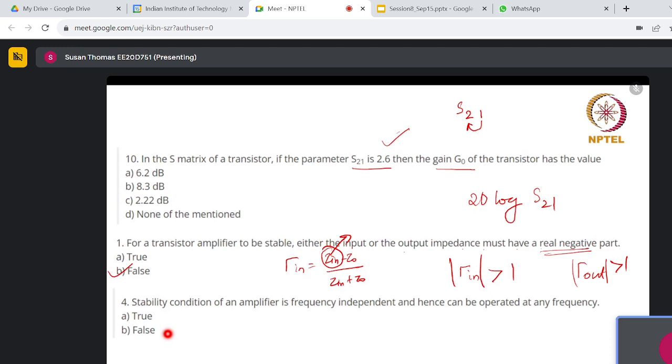So let us first look at the two statements in this single statement. Stability condition of an amplifier is frequency independent. Yes or no? Is it frequency independent? Stability condition.